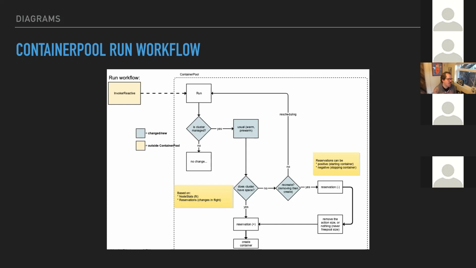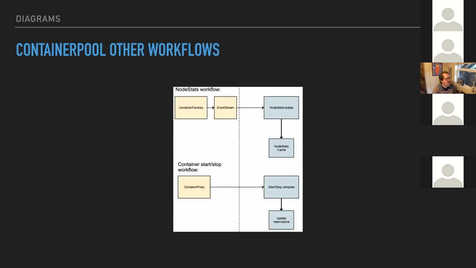So it's similar to what happens today, except for a few very important details, which are whether or not we think the container factory can launch a container, and tracking reservations and stats on nodes to do fit analysis on whether we should be able to launch a container of that size. So the other workflows are how do we track these things?